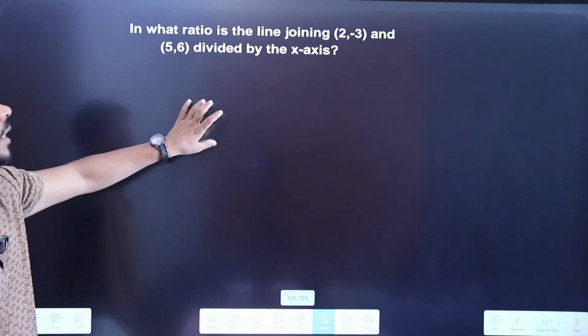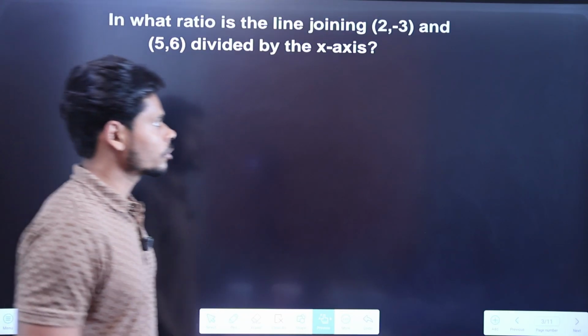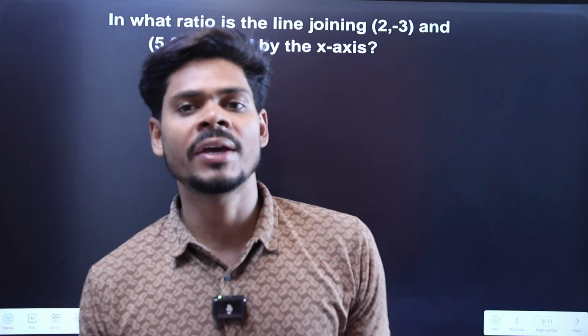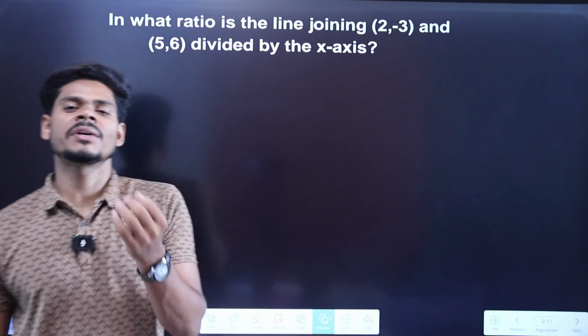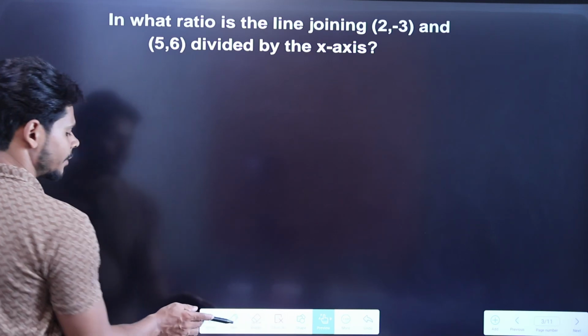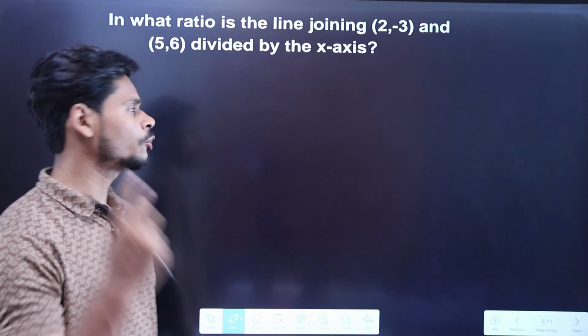Now let's come to the next question. This is one of the most important questions. I'm going to explain it in the most comfortable way to find the ratio. Only this question I'm going to explain in two ways.